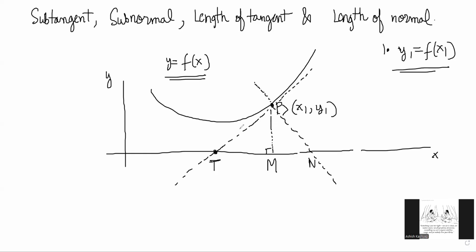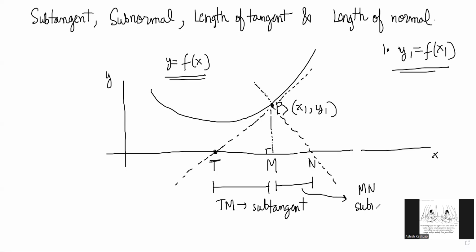Now, what is subtangent? Subtangent is basically this distance, TM. Subnormal is this distance, MN. And what are the lengths of the tangent and normal?